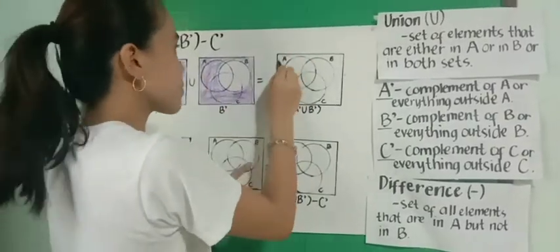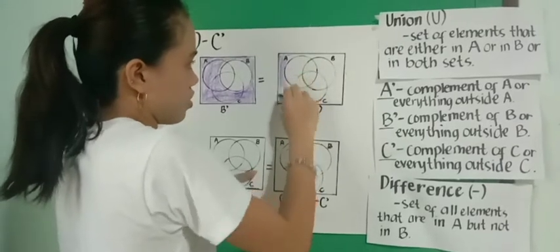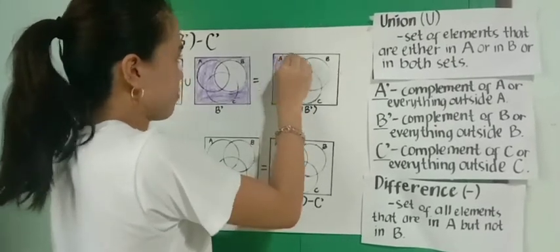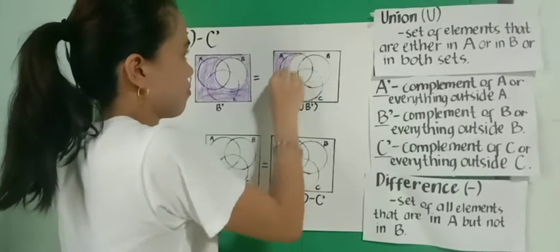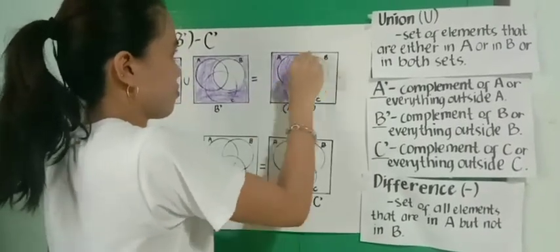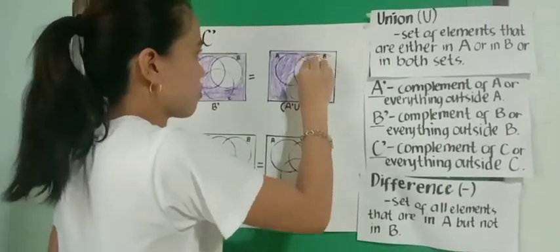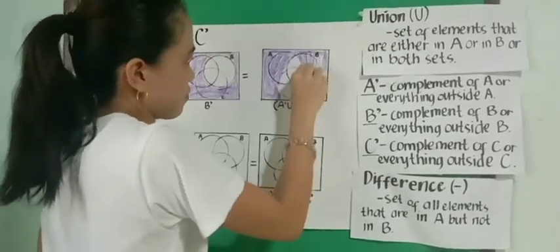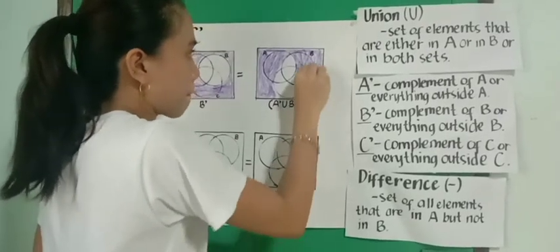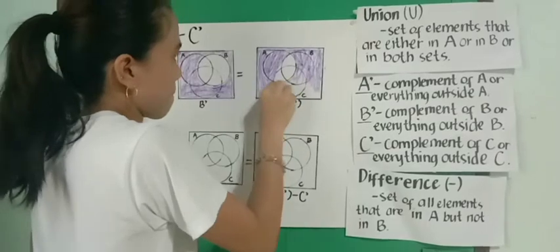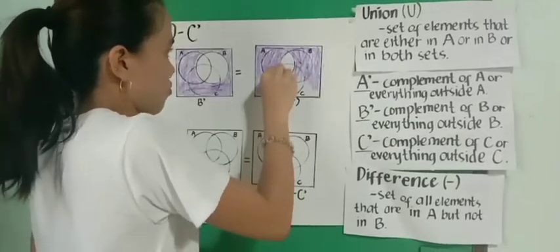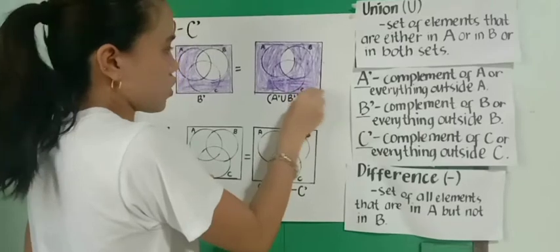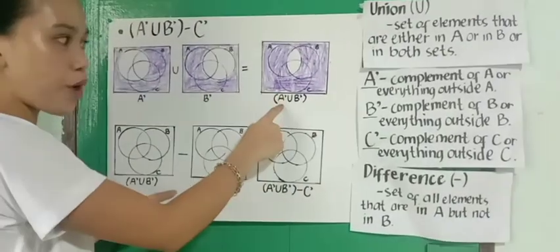So this would be the union of A prime and B prime.